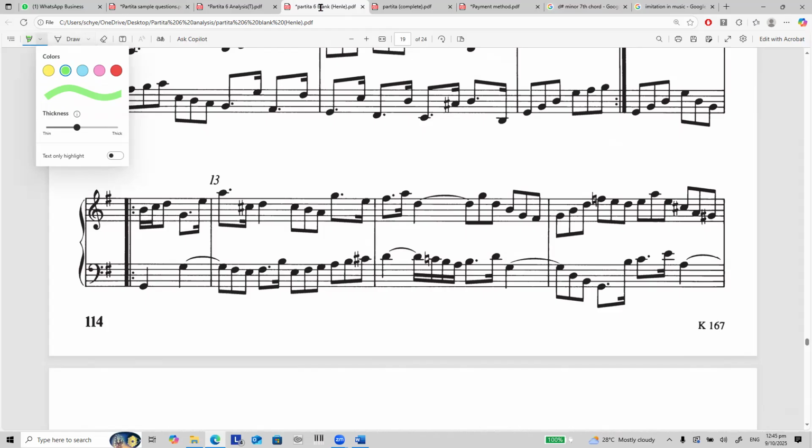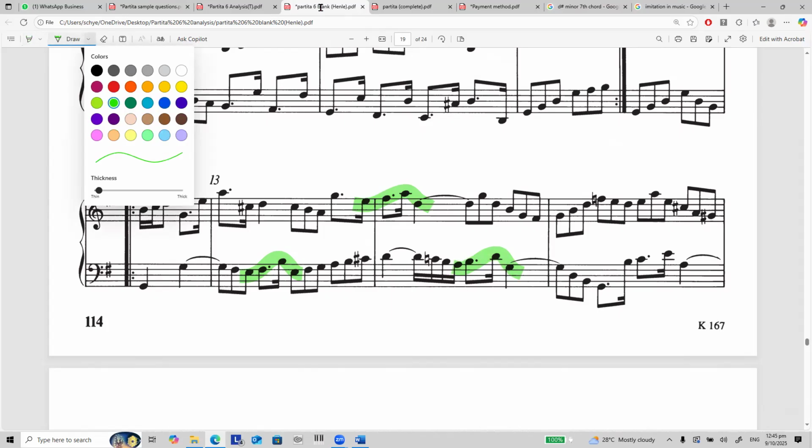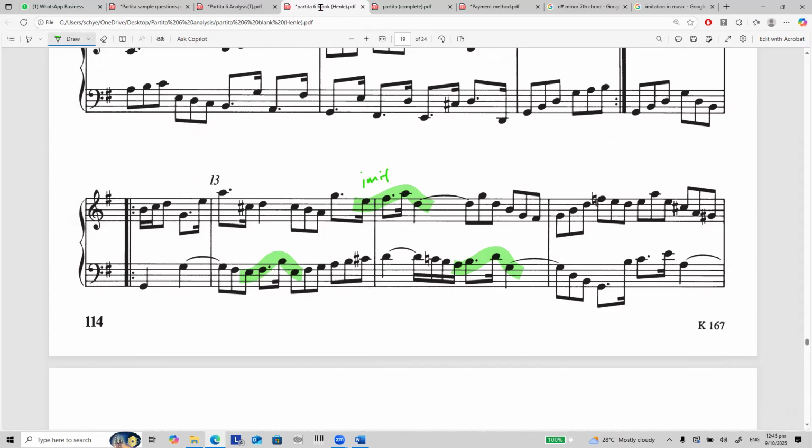As you can see in bar 15, can you see this melodic line is being repeated here? This is called imitation between the hands. So you can say bars 13 to 14.